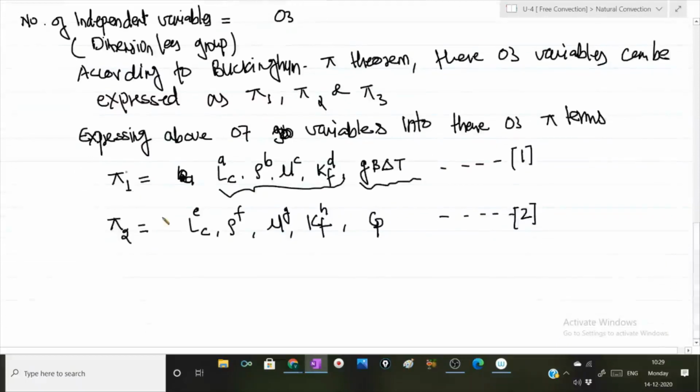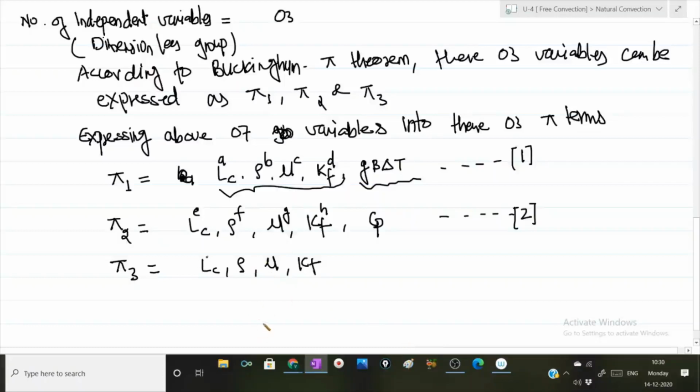The last dimensional group pi3 is once again LC, rho, mu, Kf. These are the core parameters, also called repeating variables.